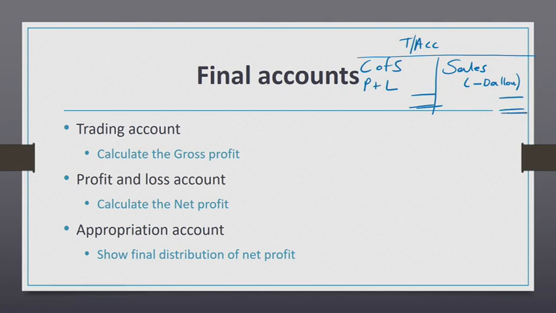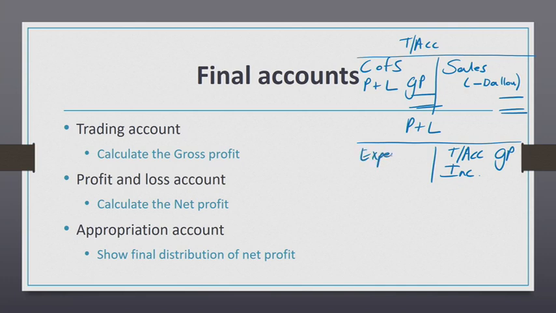That's your trading account. The profit and loss account, we start with the gross profit that was transferred from the trading account. Then we close off all income accounts. We close off all expense accounts to the debit side. And then this year, for the partnerships, we will transfer the net profit to the appropriation account.